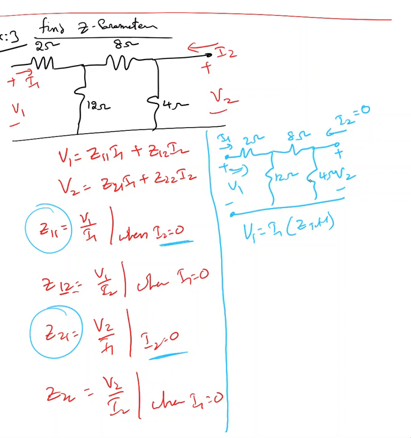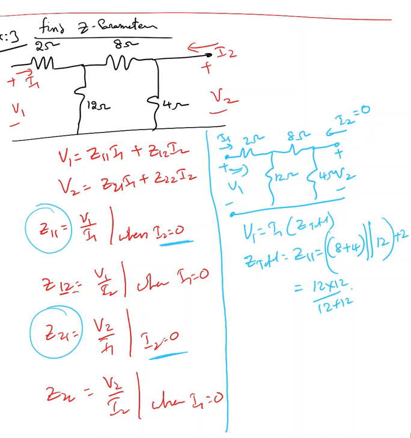So always start from the resistance which is far away from the input terminal. So 8 and 4 are in series, which is going to be 12 ohms. 12 is parallel with 12. So my Z total equal to Z11 equal to, I'm going to write it down, 8 plus 4, that combination in parallel with 12, and that combination in series with 2. So 12 parallel with 12 is 6 ohms. 12 times 12 divided by 12 plus 12.